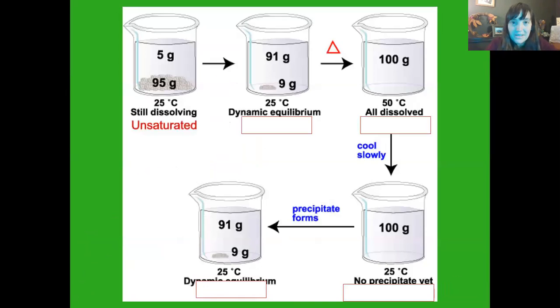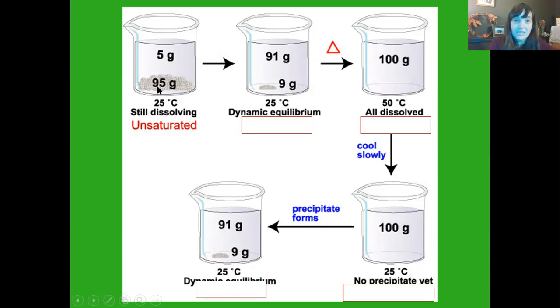Okay, so here's an example also. We've got a beaker of water. It's got 5 grams of something that has dissolved and 95 grams sitting at the bottom. And we can see it's at 25 degrees Celsius, about room temperature. And it's still dissolving, so it's not in equilibrium or anything. These particles are still dissolving. This is unsaturated, meaning this solution can hold a lot more.